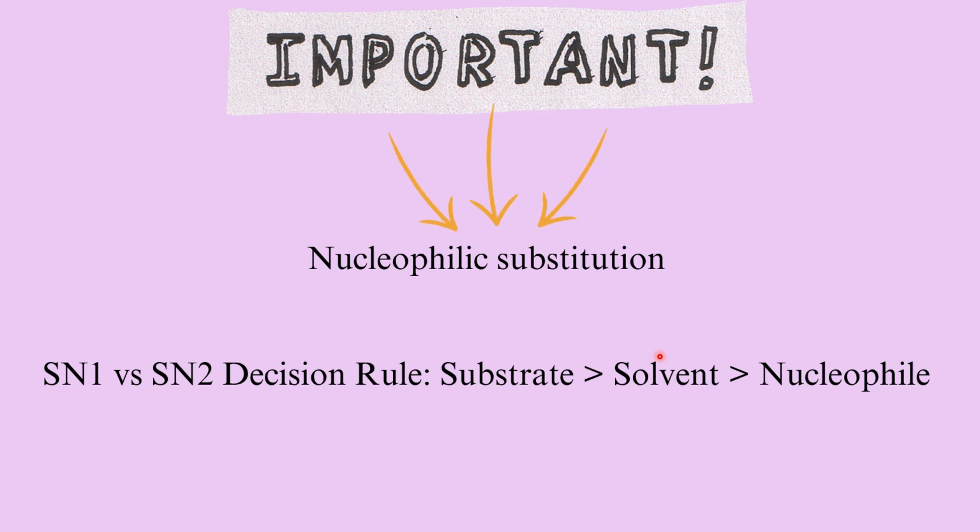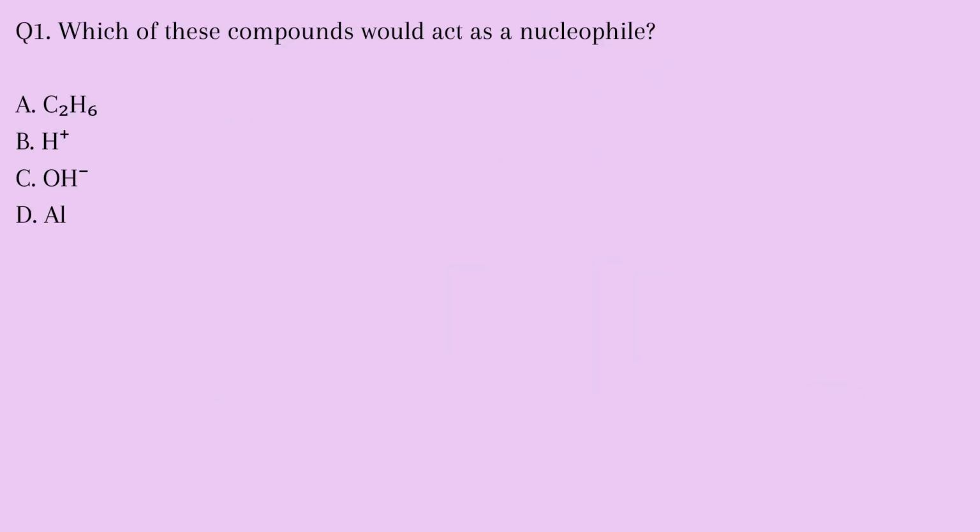So if I have polar aprotic solvent, then surely I will show SN2 reaction. If I have polar protic solvent, then I will surely show SN1 reaction. And suppose if the solvent is same in both the cases, then you will check for the nucleophile. This is the order you're going to follow.